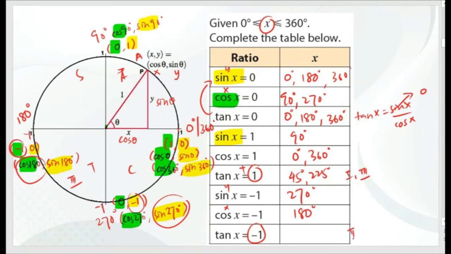Tangent negative is in the second and fourth quadrants. So it's 180 minus 45, which is 135, and another one is 360 minus 45, which is 315 degrees. Okay, that's it. These are the special angles you need to know, and without using a calculator, you can straightforwardly write down the answer. Once you practice more, it will be easier for you to generate them.